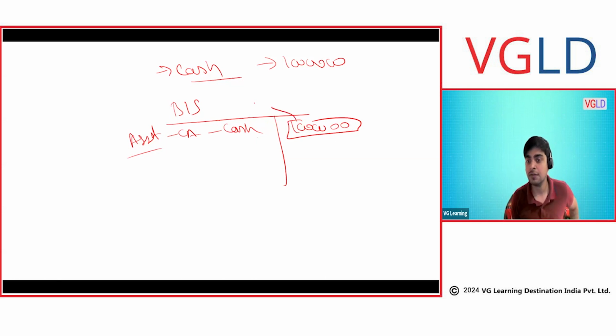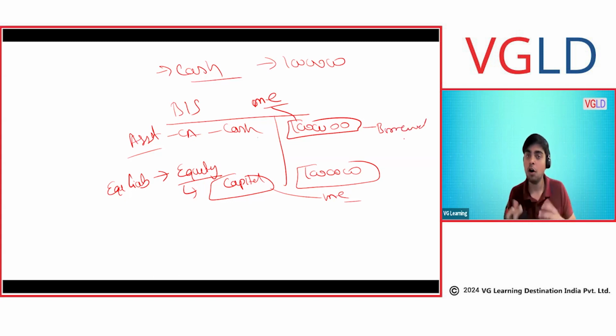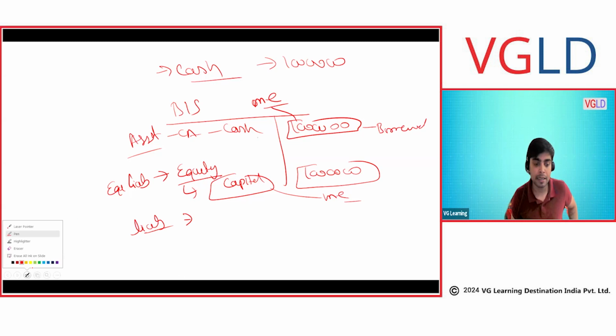Since this cash was introduced by me, on the equity and liability side, I will have under equity a capital of 10 lakh, because this was introduced by me. If it is not introduced by me, let's say I borrowed this money, then this would come under liability. It would not come under capital.